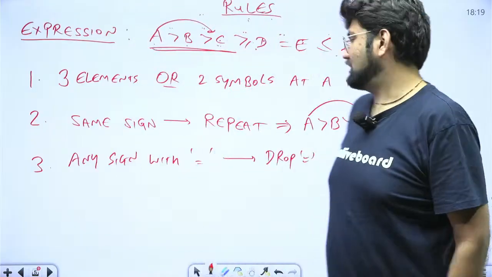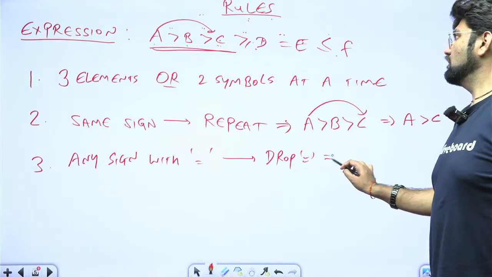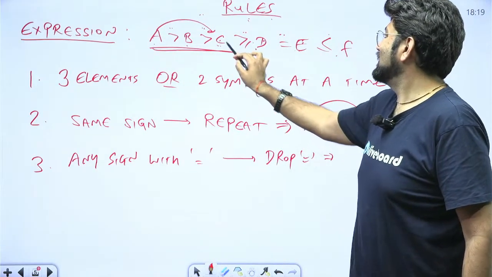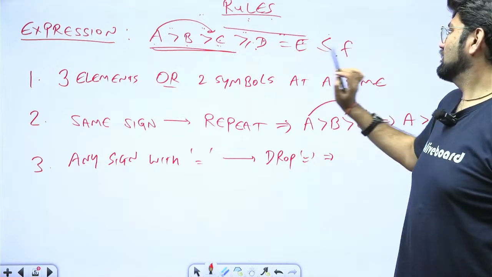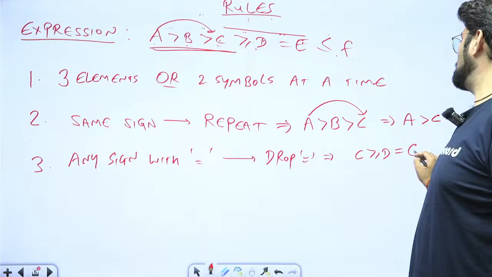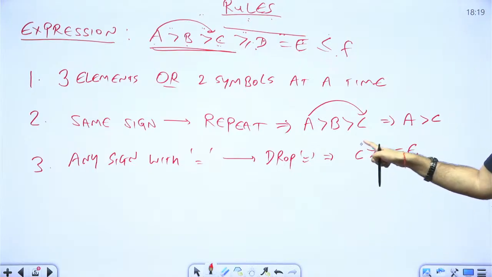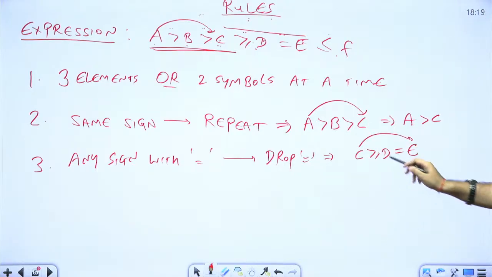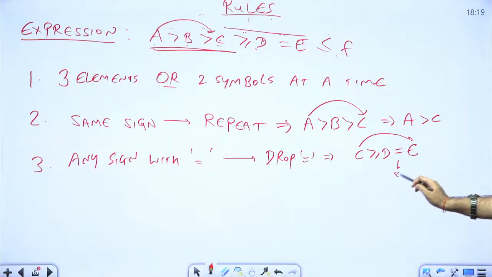How do we understand this? Okay, let's take an example. So let's pick up this unit here. Safe? Okay, so I will say C is greater than equal to D is equal to E. I need to find the relationship between C and E. How will I do it? So I will say anything with equal to, I will drop the equal to. What will I be left with?